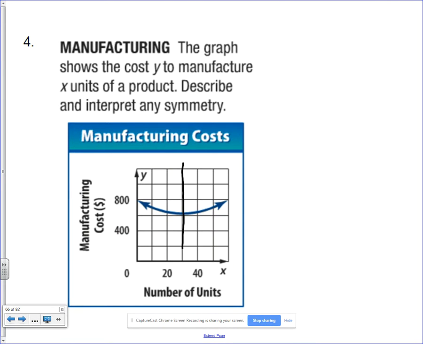Hopefully, you see that symmetry happening right here. Cuts it right in half, doesn't it? What kind of a line is that? And don't tell me straight, because all lines are straight. That is a vertical line. Well, it can't be nonlinear because that thing is a line, isn't it?